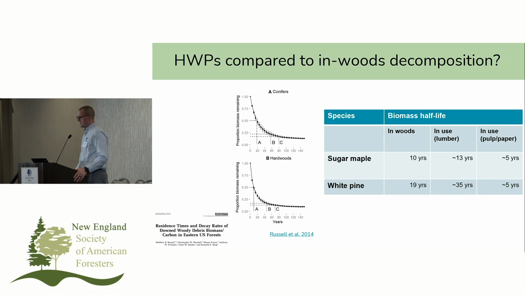Not to say that we shouldn't, we obviously need these markets that use small diameter wood, because it helps us get more of those large sawtimber-sized trees for those durable wood products. But it's just an interesting comparison if we were to leave things in the woods versus try to harvest them and put them into products.